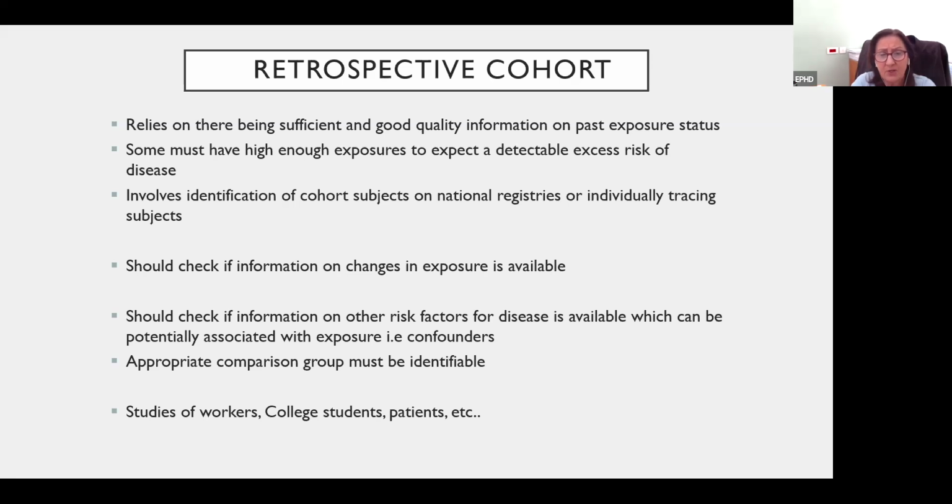Does this information exist? Do we have records on change in exposure? Can I know that this person worked 3 years with intense exposure and then the remaining years with less exposure? How can I take this into consideration? And is this information available?